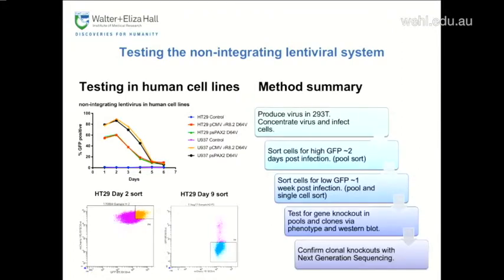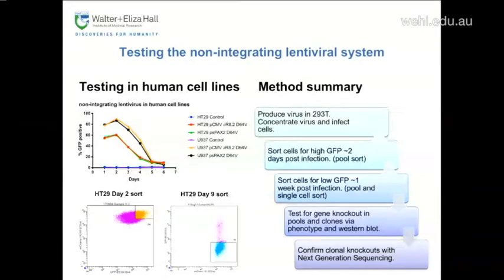All right, so the general method that I went through here was to produce the virus in our 293T cells, then to take it out and concentrate it using the centrifugation technique I discussed earlier. So it had 2 sorts of this. In the first sort, we take all the cells that have very high levels of GFP because we know that they have a lot of the CRISPR vector inside them.